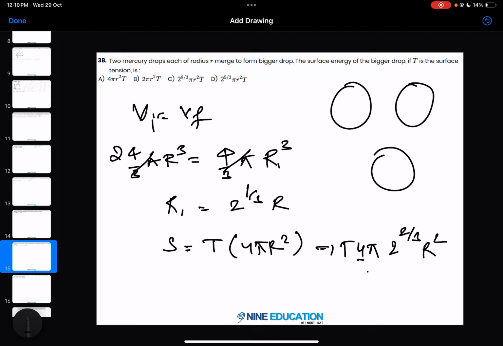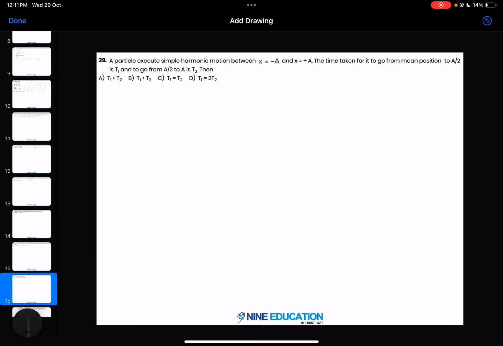Now 4 is 2 square, 2 power 2 plus 2 by 3 into R square. So 2 power 8 by 3 into tension into pi R square, which is option C.